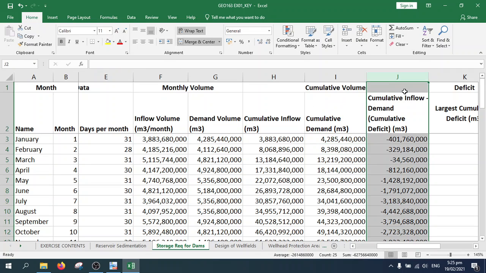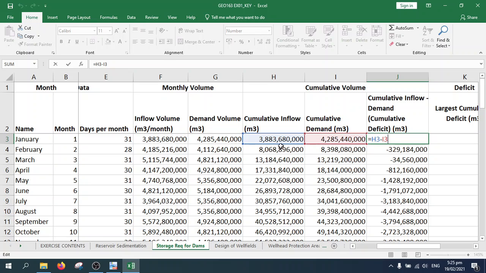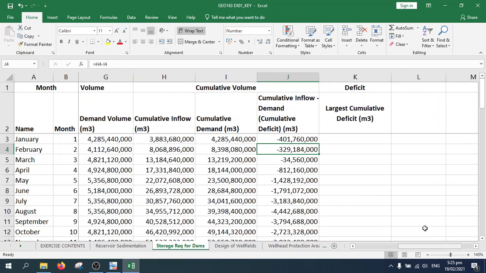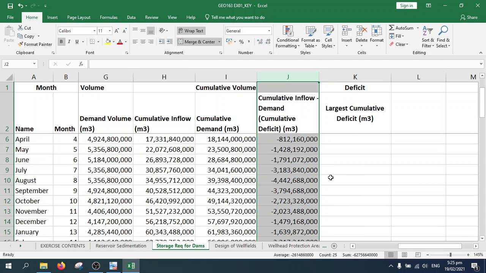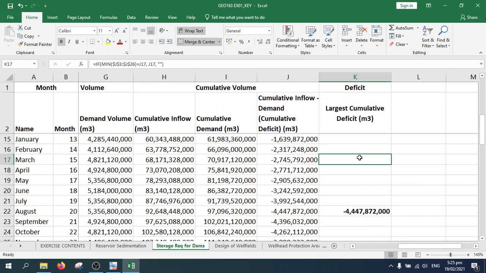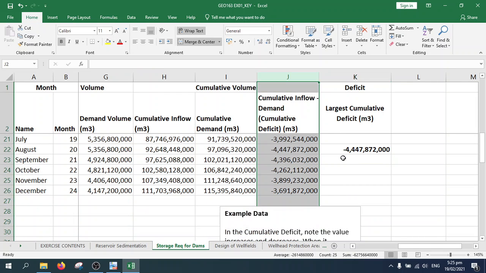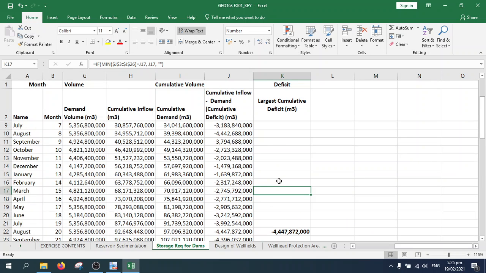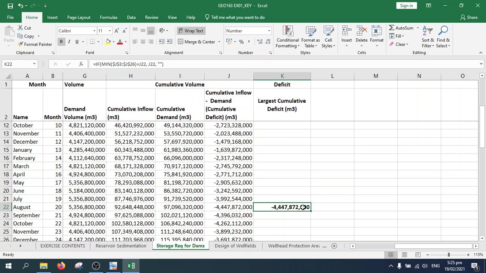And finally, all we have to do is subtract the cumulative demand from the cumulative inflow, right? And then we just look for the biggest deficit that will occur in this period. So you can just look for the value manually, or you can just use the minimum function.